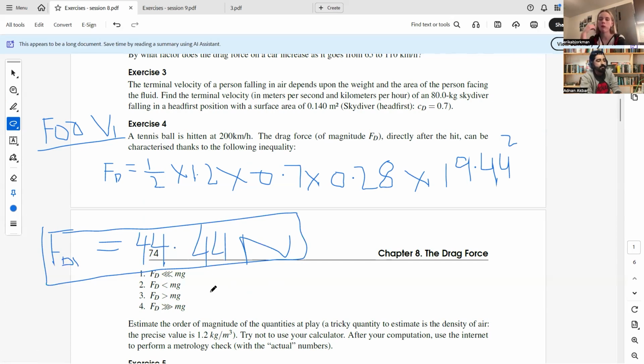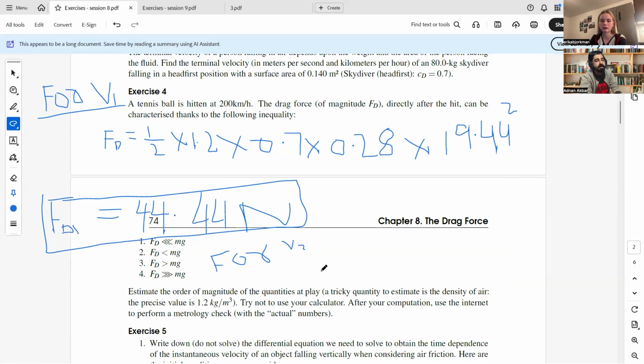And now we need to repeat the same procedure for the second velocity for the first vehicle, V2. We just need to change the value of the velocity here.